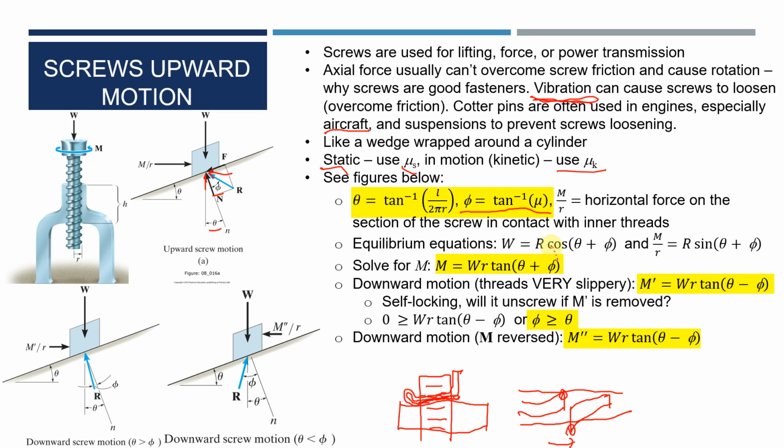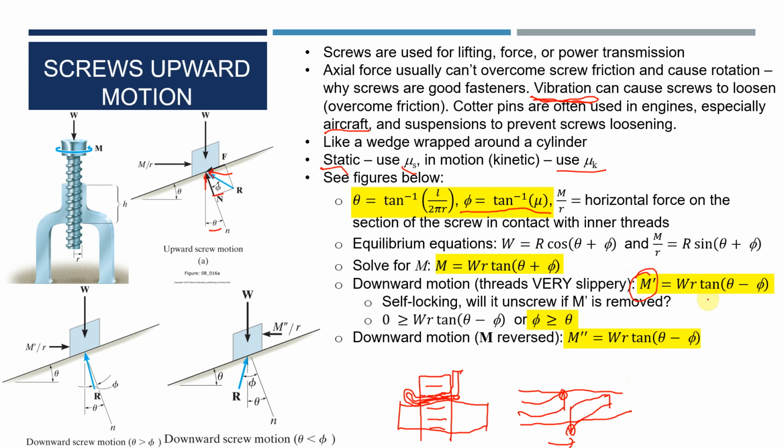Now, if the threads are really, really slippery, they can be slipping down. So you can have this kind of situation where phi is going to be less than theta. Phi is very, very tiny. So if the threads are really slippery, you have to apply greater than this to make it move up.